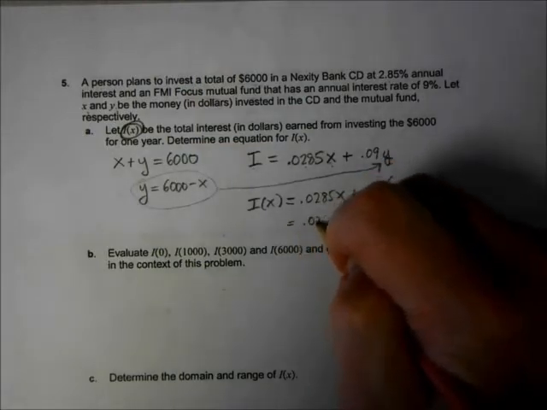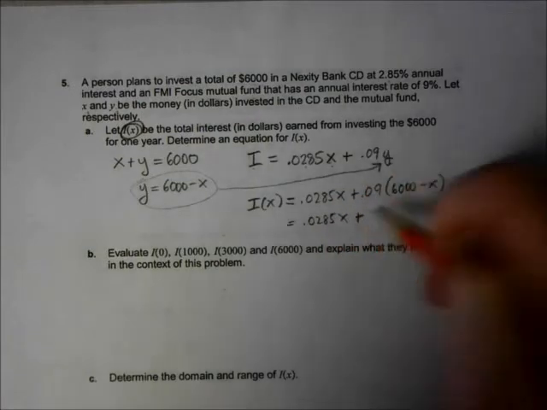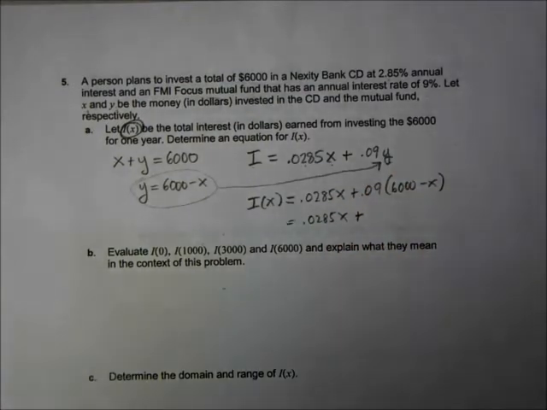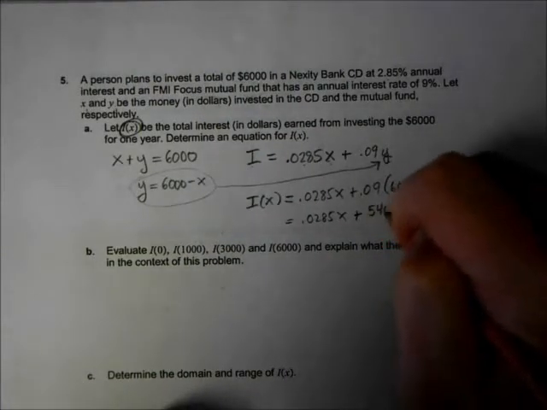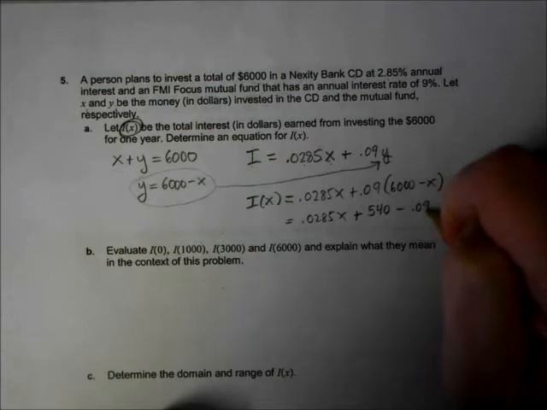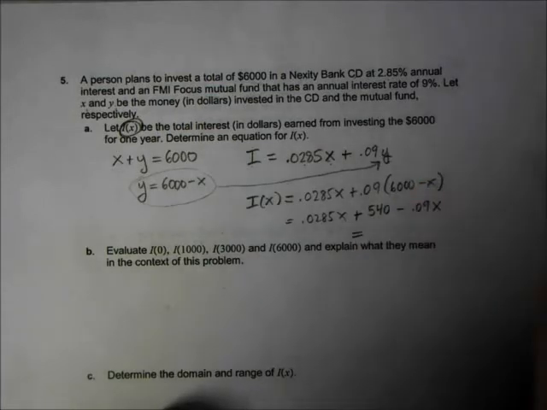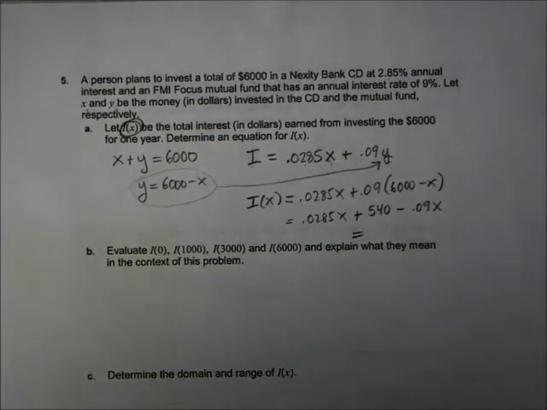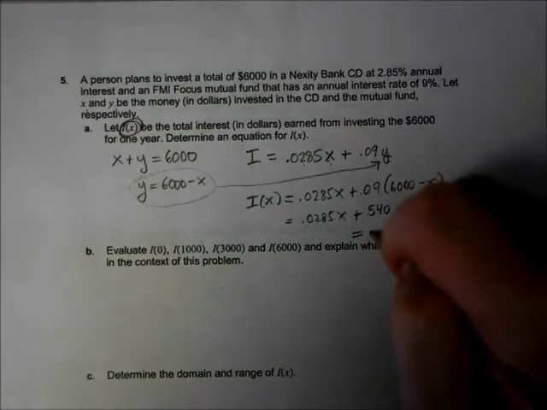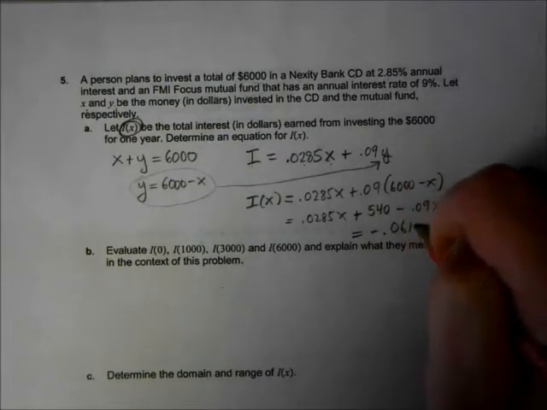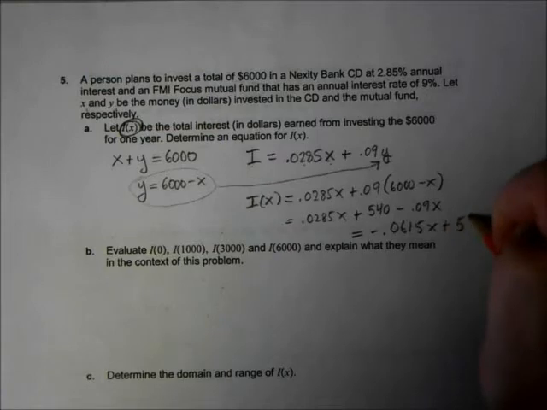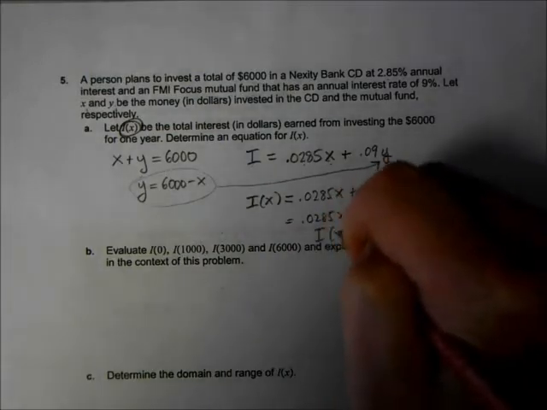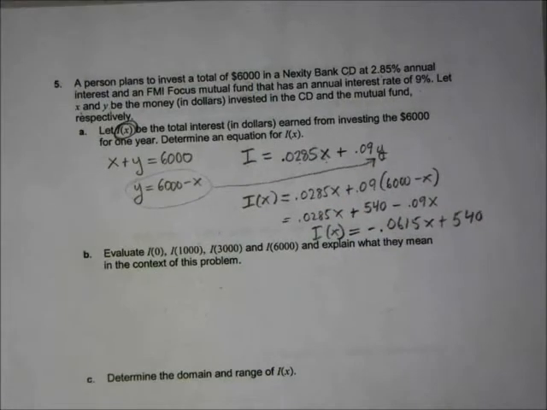That's 0.0285x plus 0.09 times 6,000, which is 540, minus 0.09x. So 0.0285 minus 0.09 gives minus 0.0615x plus 540. So there's my formula. Nice and simple.